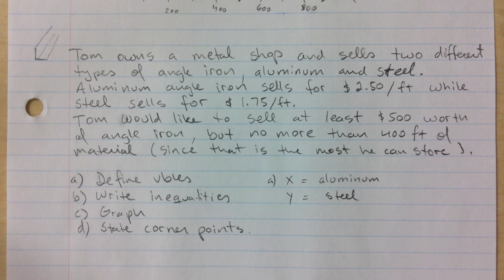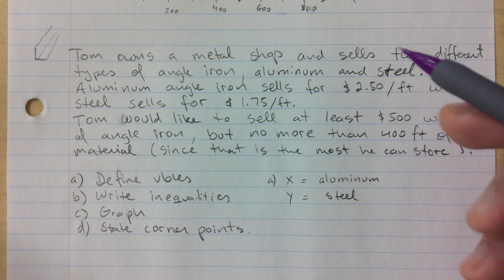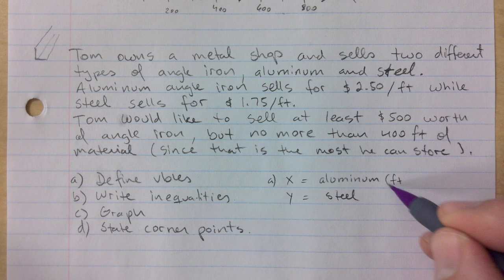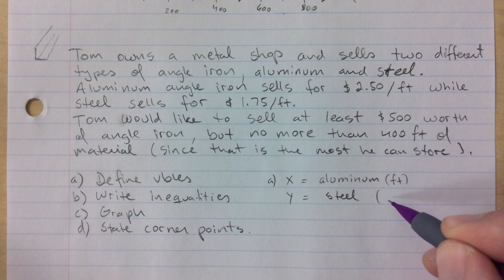Is this grams? Is this feet? Is this meters? Is this hours? We're not told that pieces are being sold. We're told that they're both sold in feet. So you have to make that note, that it's feet being sold.